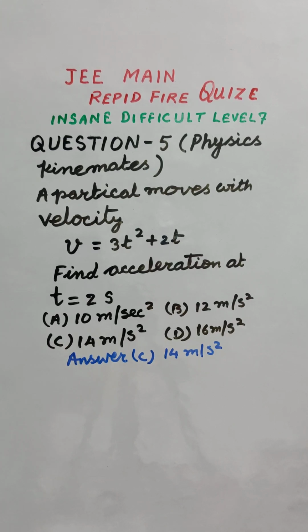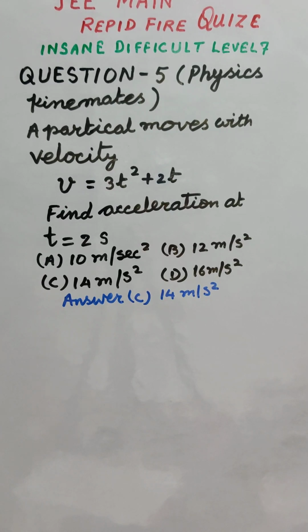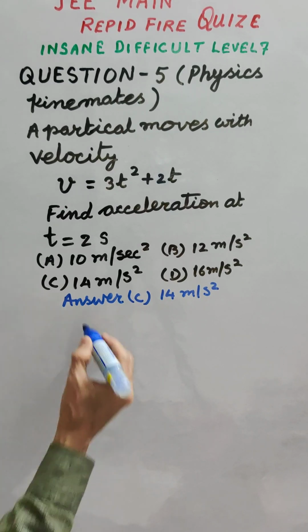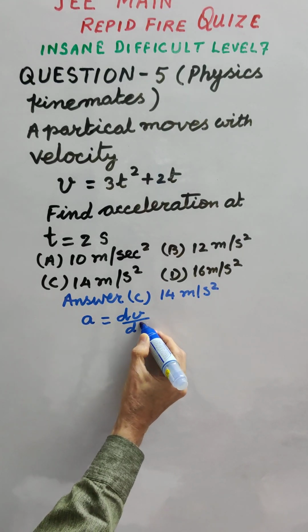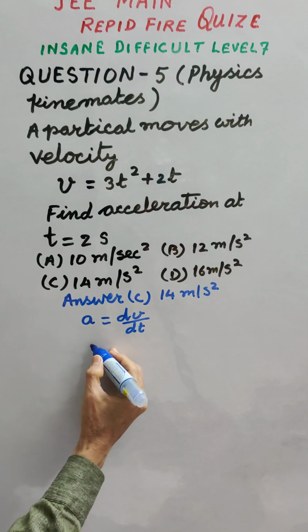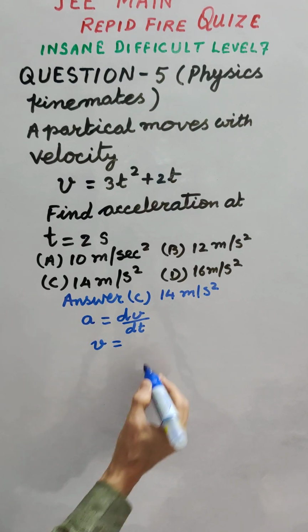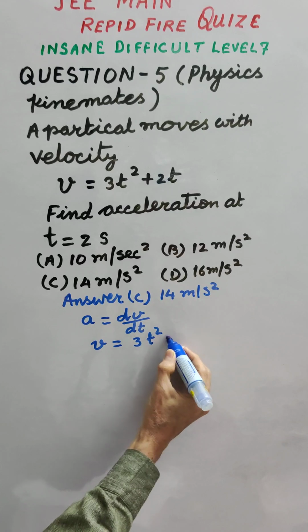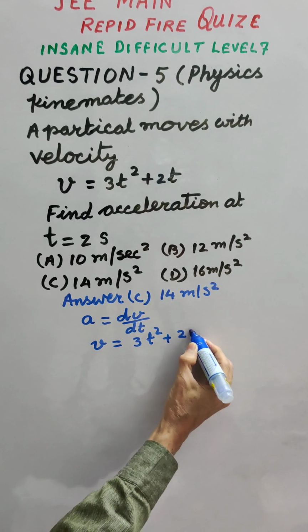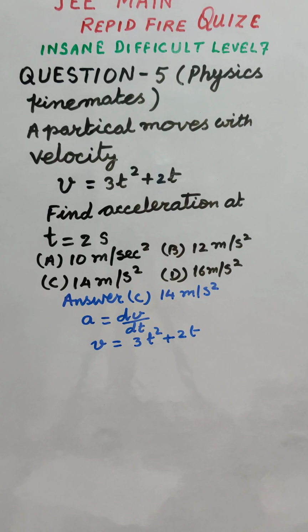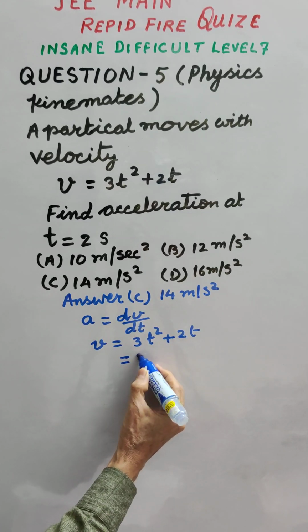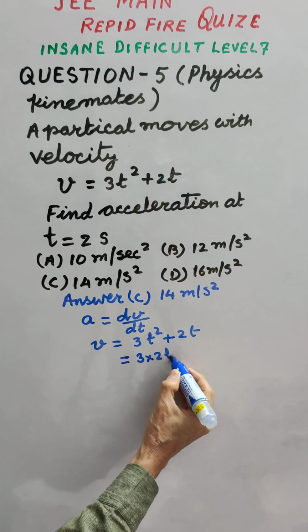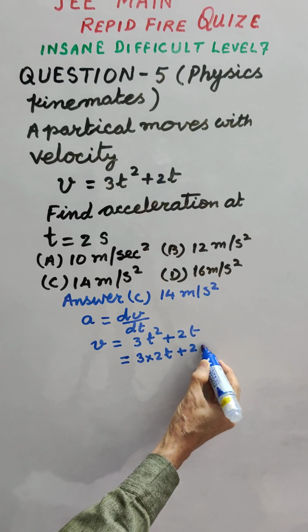Let us see how it is. Acceleration is equal to dv upon dt, where v is equal to 3t square plus 2t. If we take dv by dt of this, we shall get 3 into 2 into t plus 2 into 1.